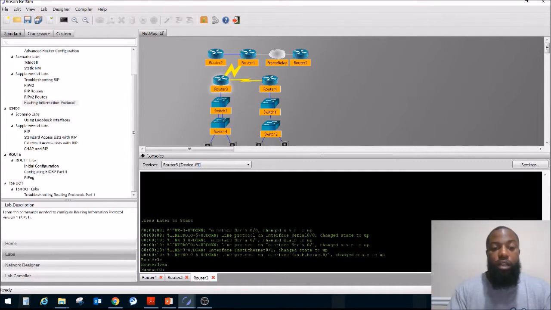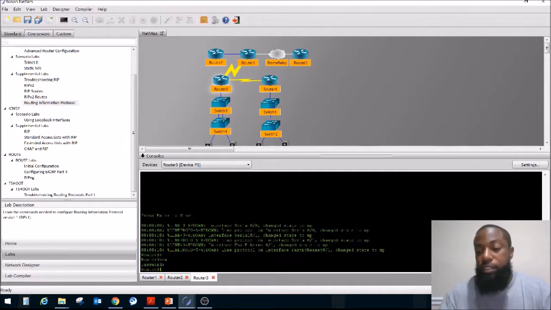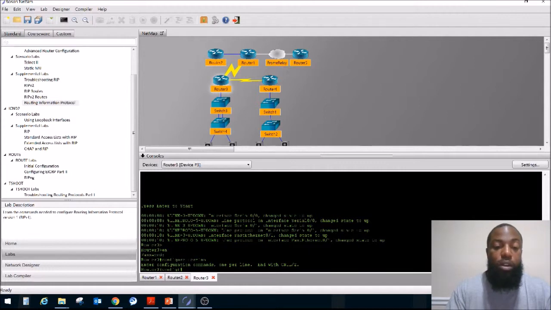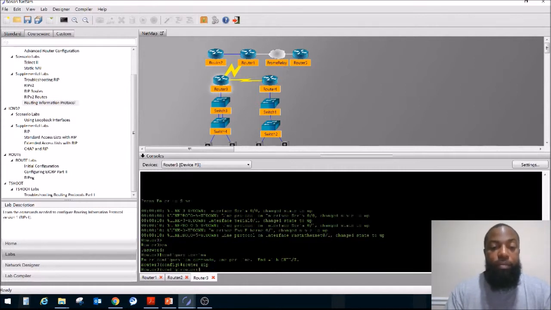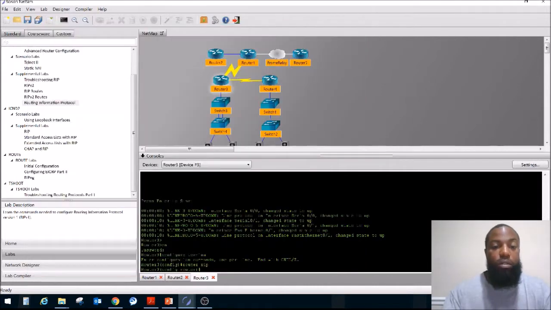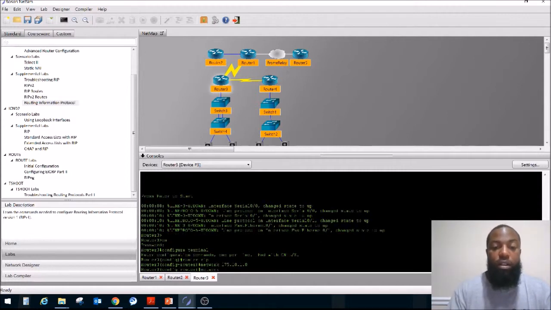Enable, we're going to go to privileged exec mode, password is Cisco. That's so much for security, right? Configure, we're going to global config mode, interface, I'm sorry, what am I doing? Router RIP, and we're going to do network 175.10.1.0, network.